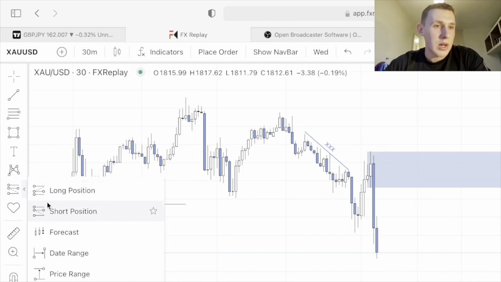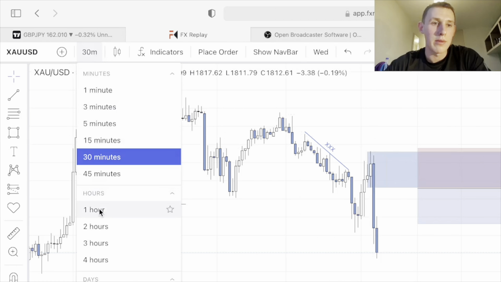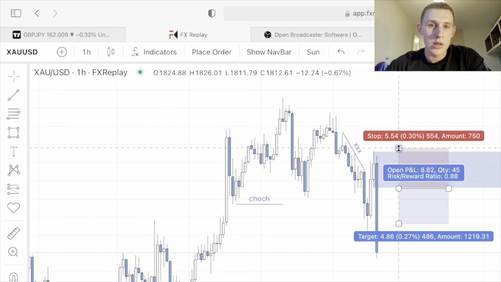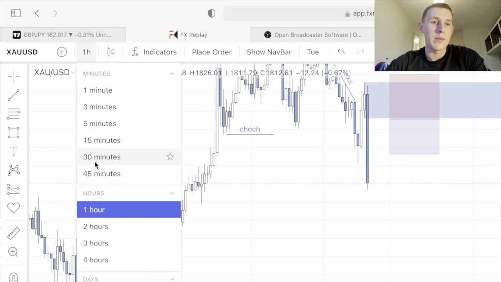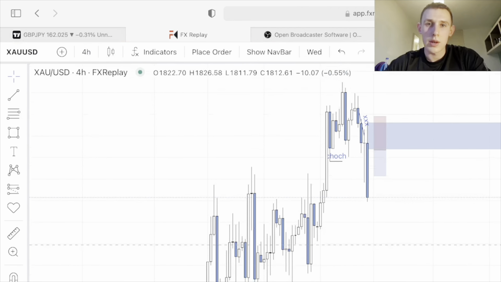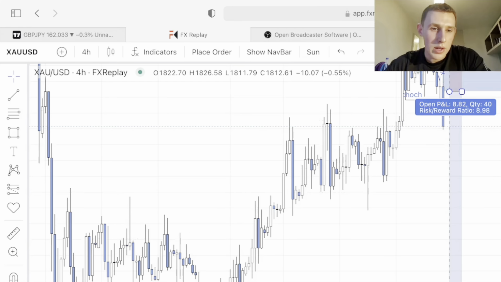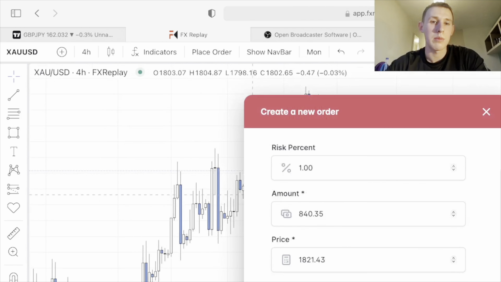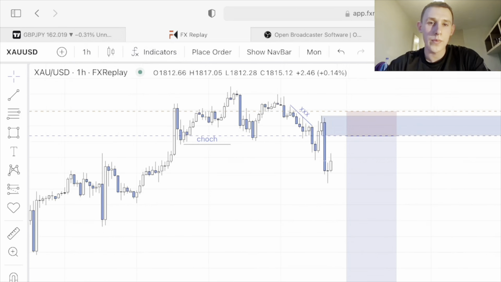And I'd probably just go ahead and set a limit at this point. Stops just a bit above, and we would target, can probably make this a swing trade and go for the demand down here. We place that order and see if price wants to tag us in or not.